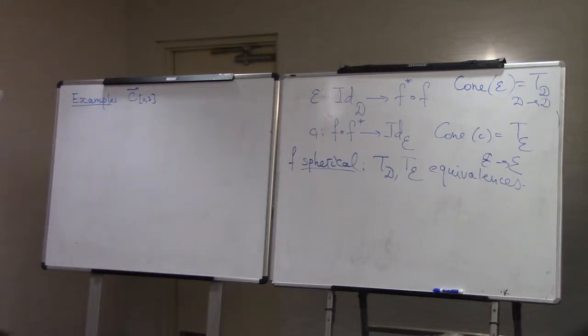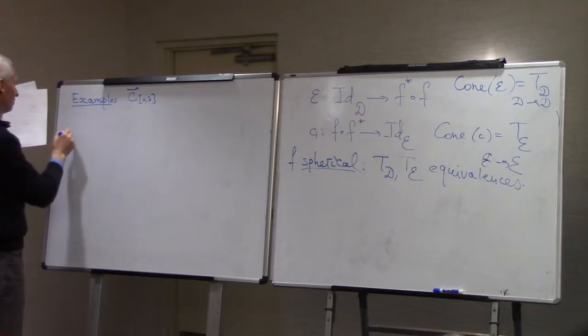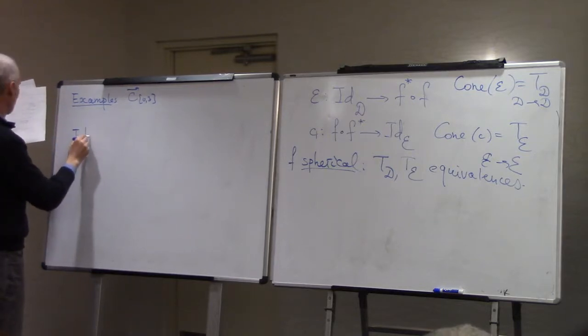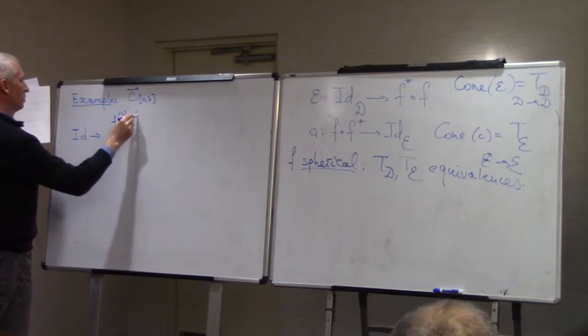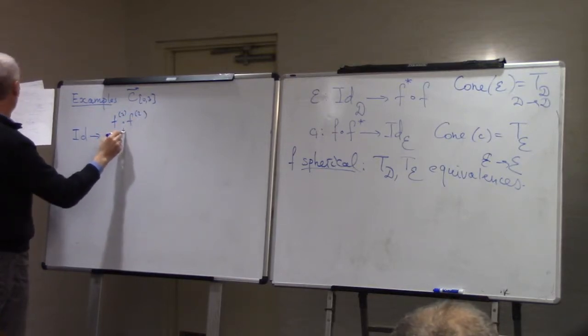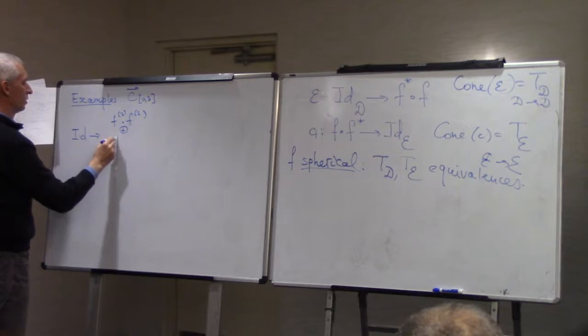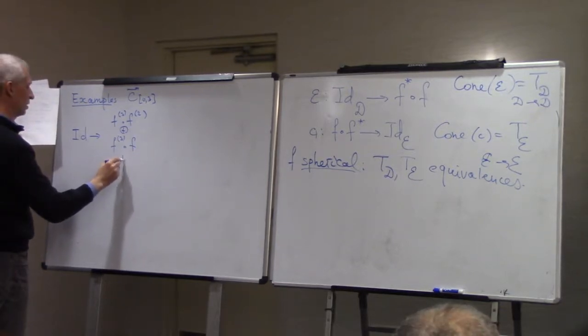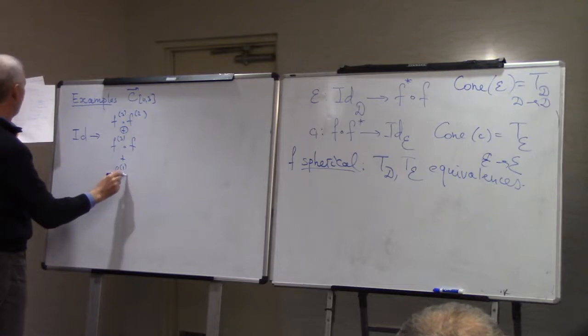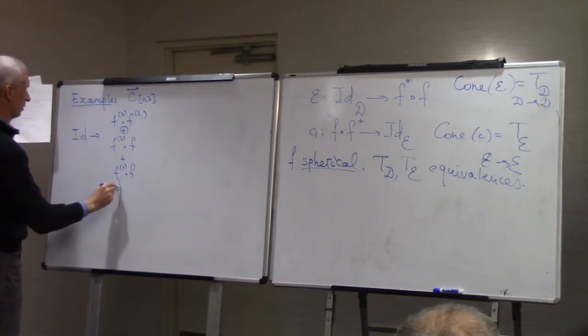The identity goes to F3 composed with F2 plus F3 composed with F plus F1 composed with F, which is F star.